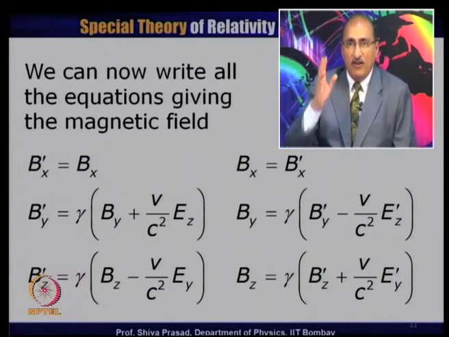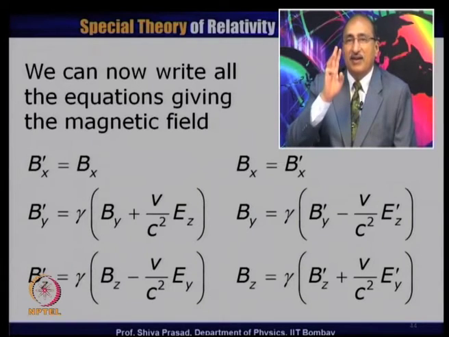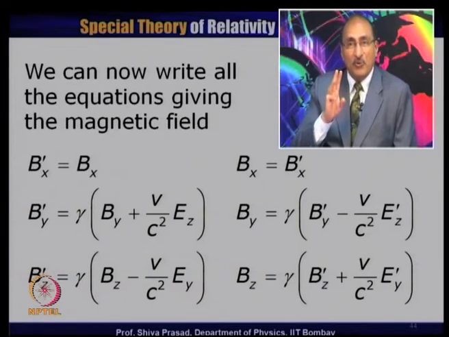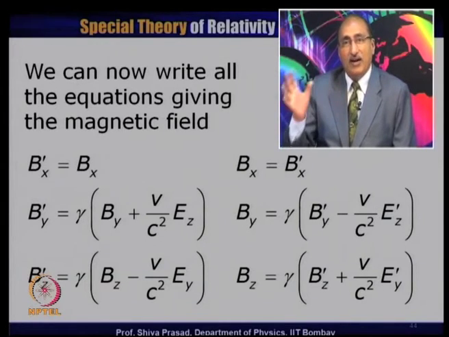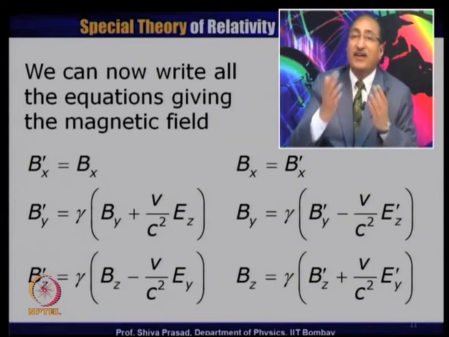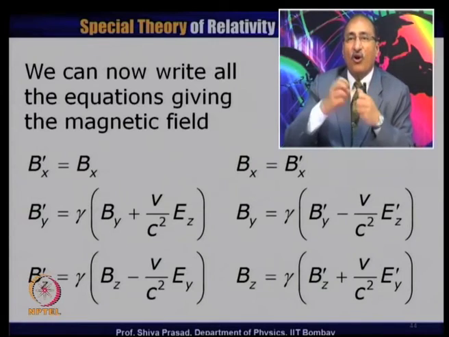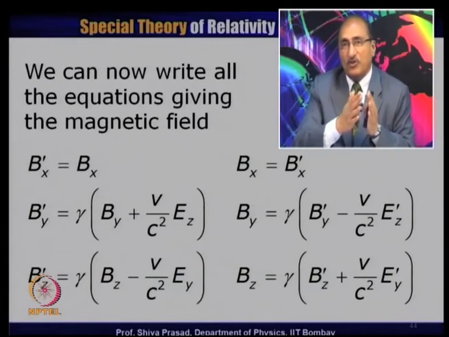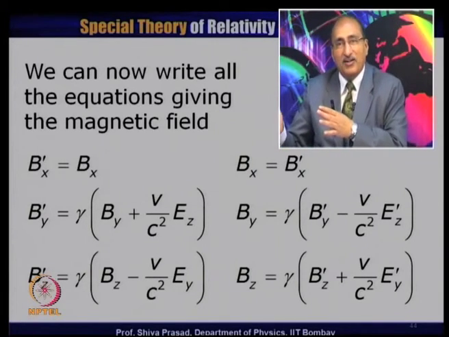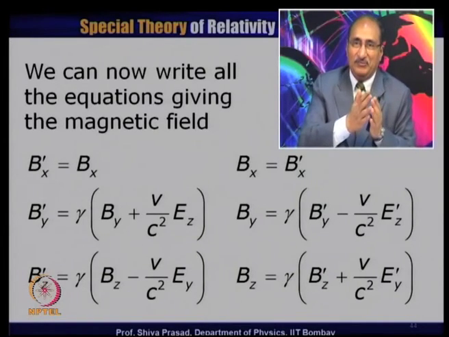So essentially, we have got three sets of equations corresponding to the electric field components, and three sets of equations corresponding to the magnetic field components. So if I know electric field and magnetic field, I can find out electric field and magnetic field components in any other frame of reference. And as you can see very easily from these equations, they are all interdependent. For evaluation of electric field, I also need to know the magnetic field. For evaluation of magnetic field in general, I also need to know the electric field.